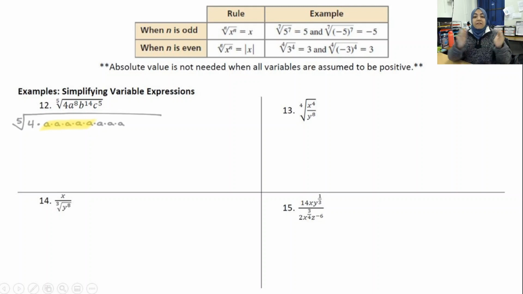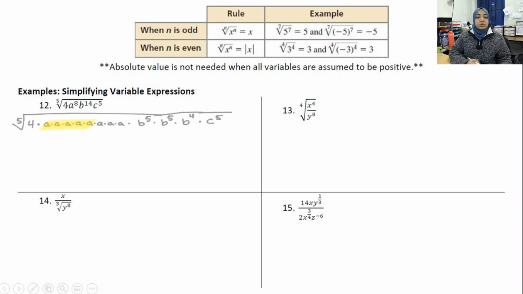Same thing with the b's. I have 14 of them. So b to the 14th can be simplified into b to the 5th times b to the 5th times b to the 4th, because 5 plus 5 is 10 plus 4 is 14. And then, of course, I have c to the 5th.